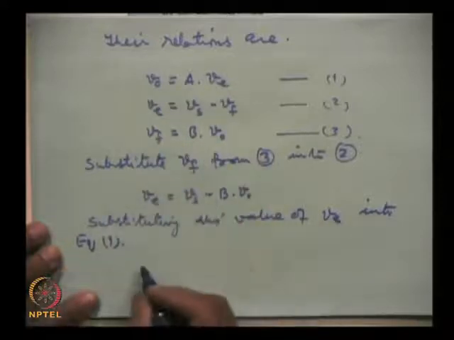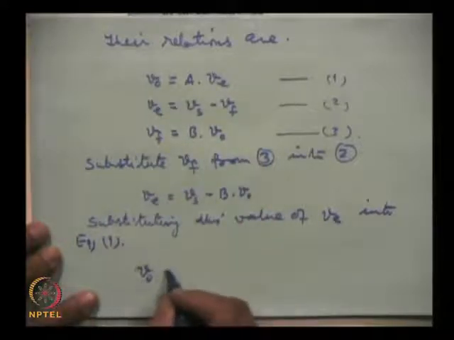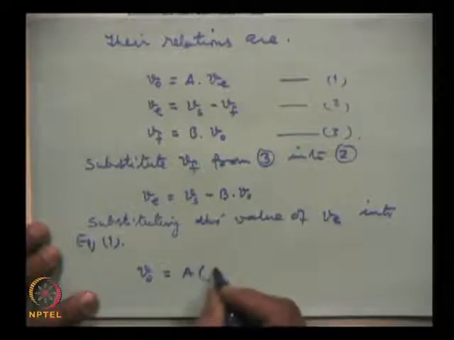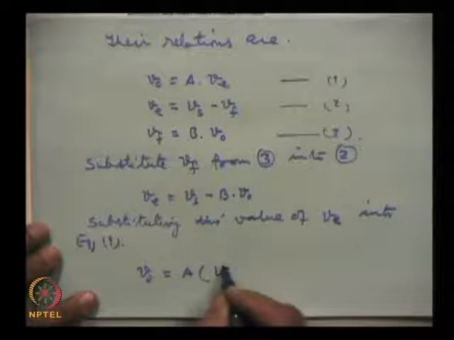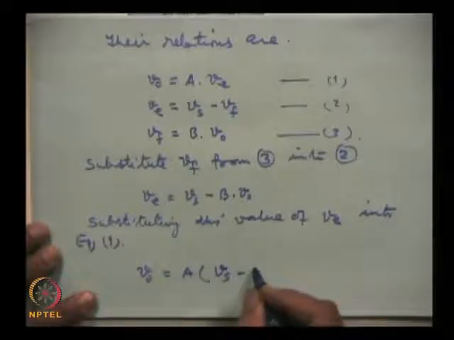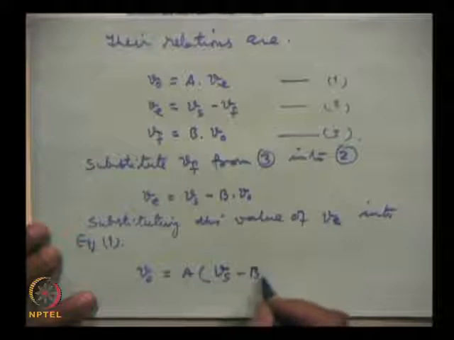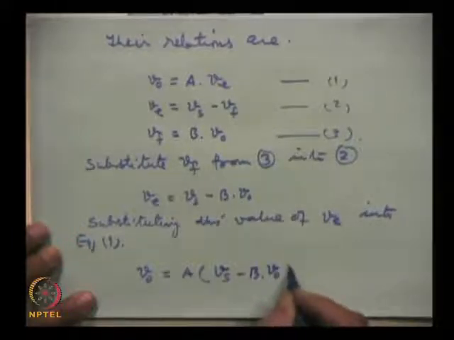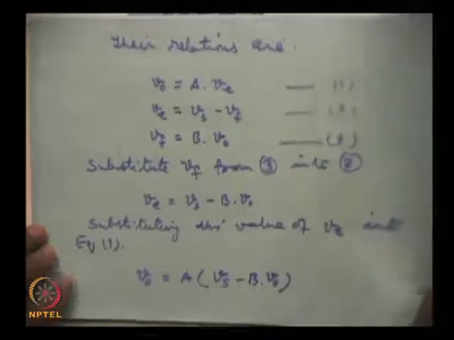So, what we get? V0 equal to A into Vs minus B into V0, or we continue simple analysis.